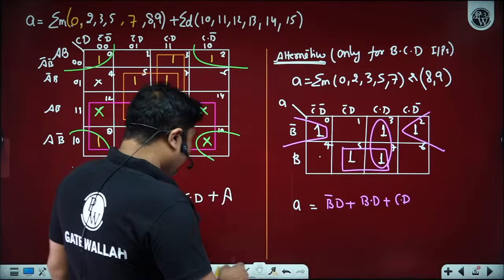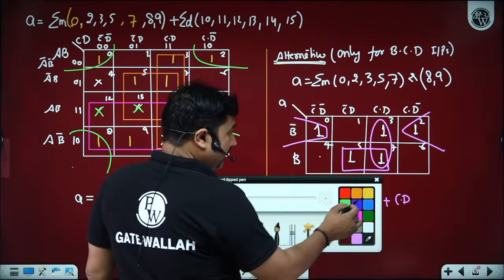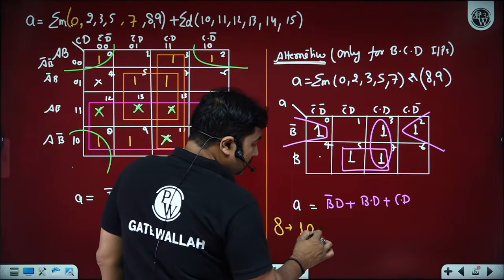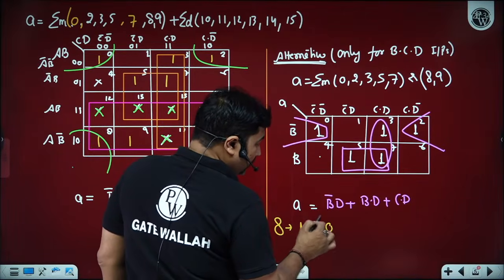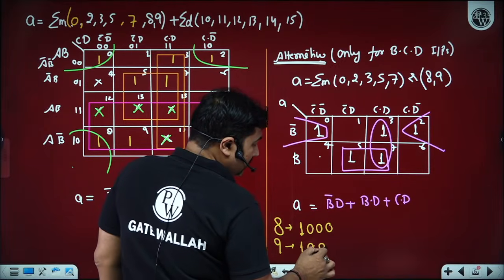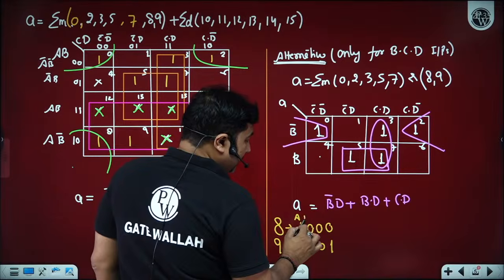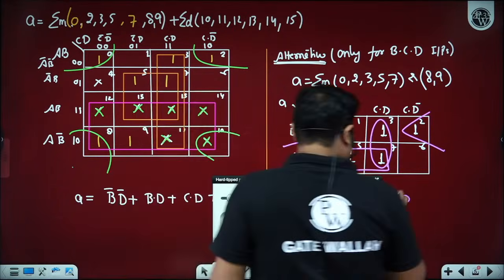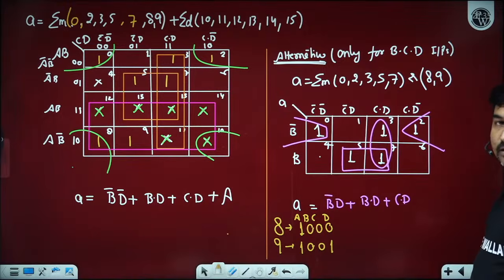What is the binary for 8? We know 8 is 1, 0, 0, 0. And for 9, we have 1, 0, 0, 1. So this is your capital A, capital B, capital C, capital D. Let's observe whether the function is capable to define 8 or 9 or not.